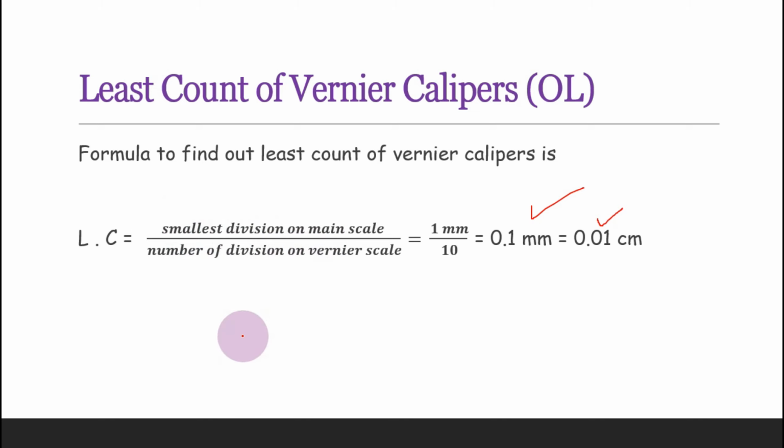For example, the Vernier caliper given to you is calibrated in such a way that the smallest division on the main scale is 1 millimeter, and on the sliding scale there are 10 marks. So it is 1/10, that gives you 0.1 millimeter.